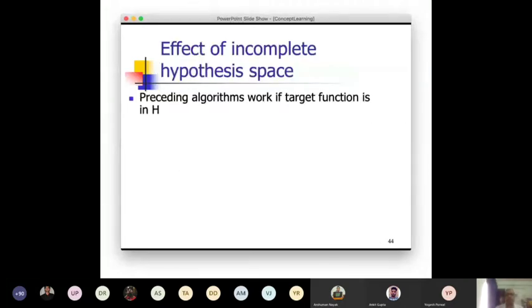Fine. So you can see that, as I mentioned, your hypothesis space is incomplete in the sense that some of the target functions are not part of your hypothesis space because of the constraint that you imposed in the form of hypothesis. Only if the target function exists in the hypothesis space will all these algorithms work. Otherwise, you will get an empty version space.